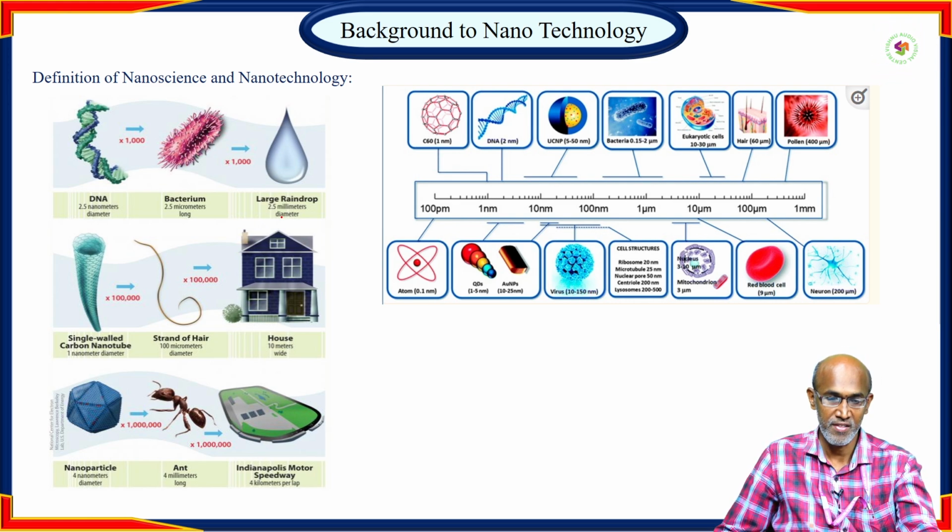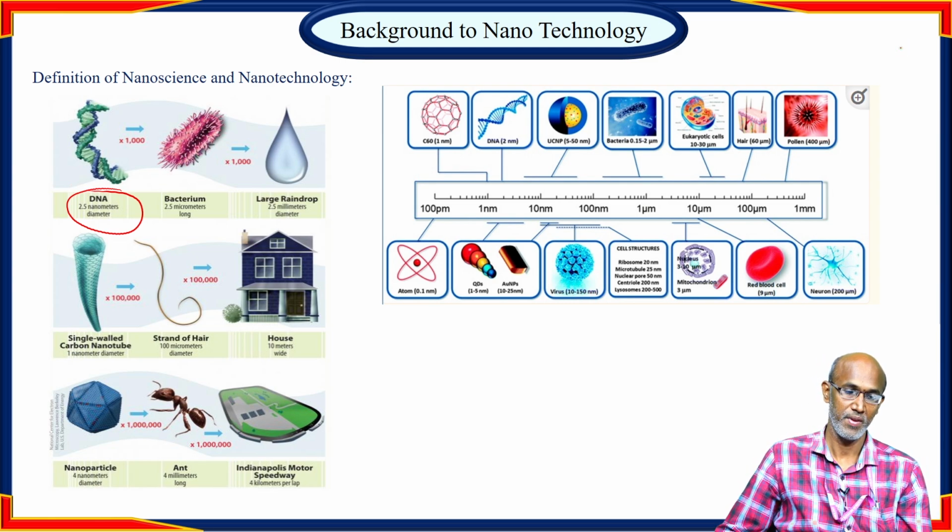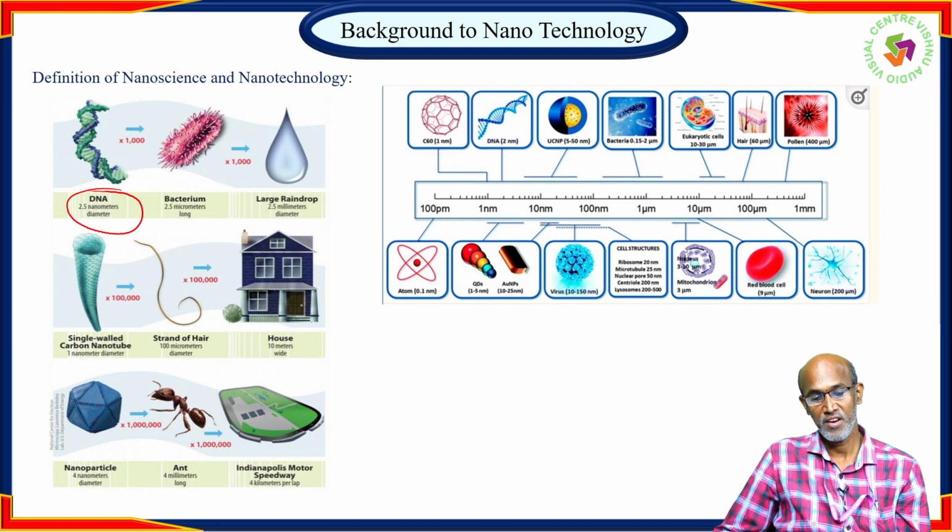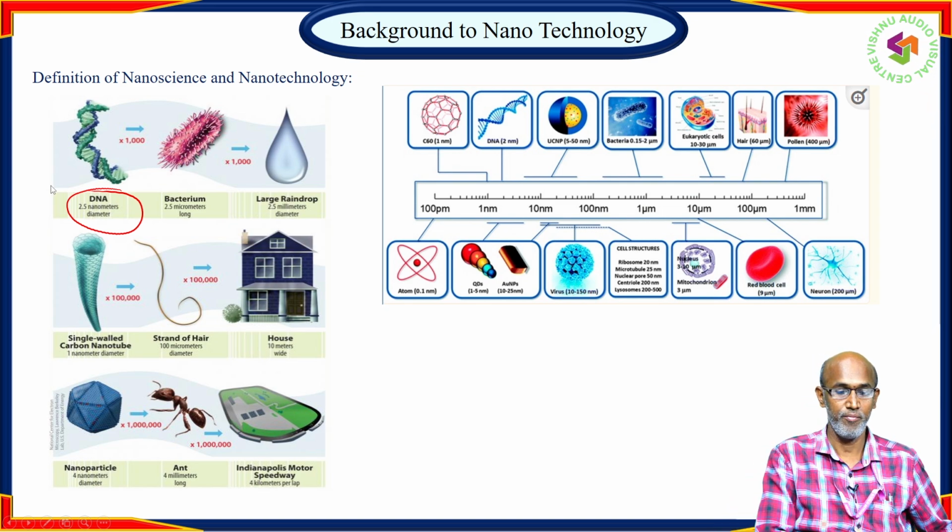A DNA is 2.5 nanometers in diameter. Similarly, a single-walled carbon nanotube having 1 nanometer diameter is 1 lakh times smaller than the width of a hair, which in turn is 1 lakh times smaller than a house 10 meters wide.